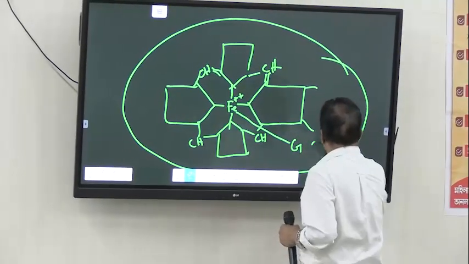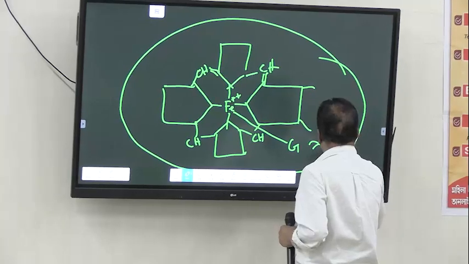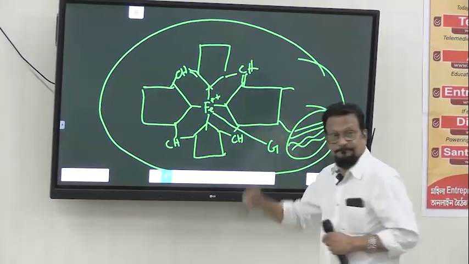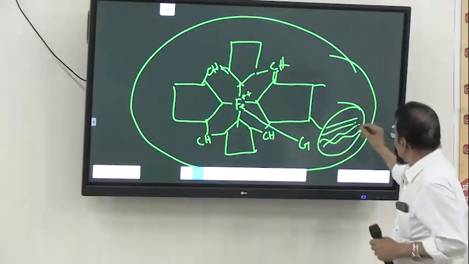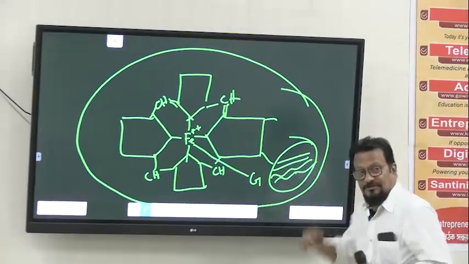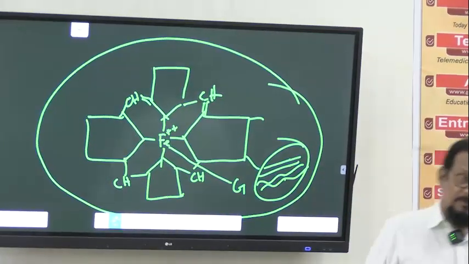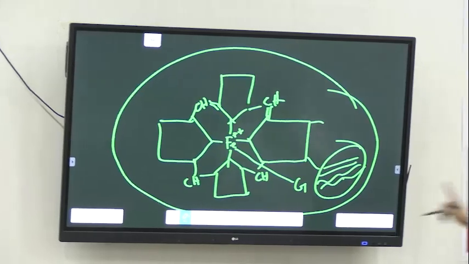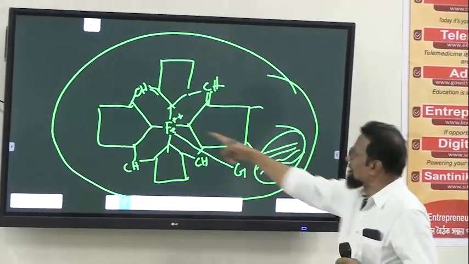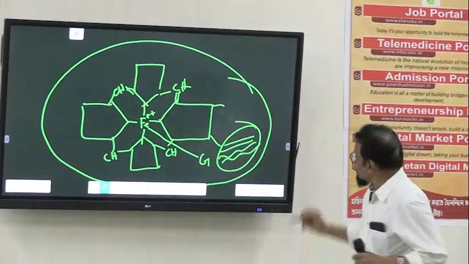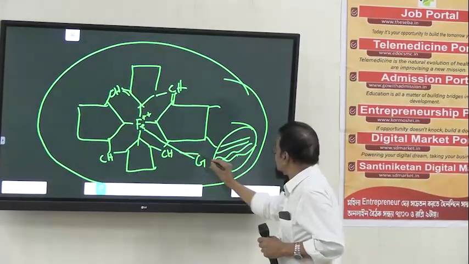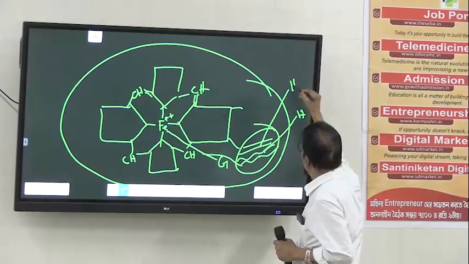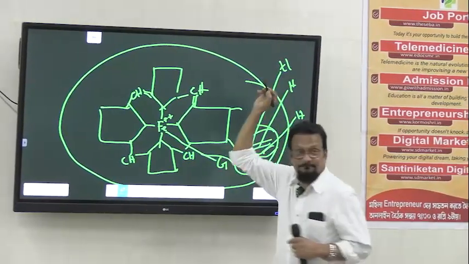and there are 2 beta chains and 2 alpha chains, and this is globin, 141 amino acids in each alpha chain, 146 amino acids in each beta chain. Every chain can bind with one heme. So this is attached with this. This requires one heme, this requires one heme, this requires one heme.